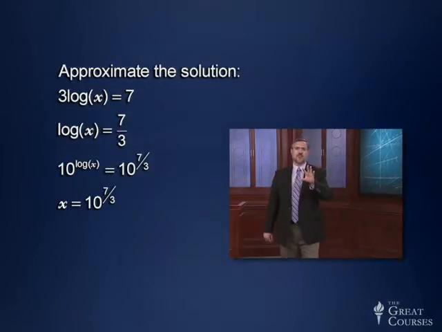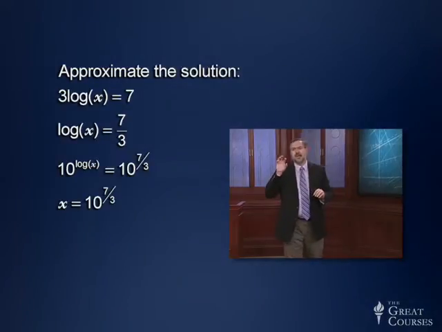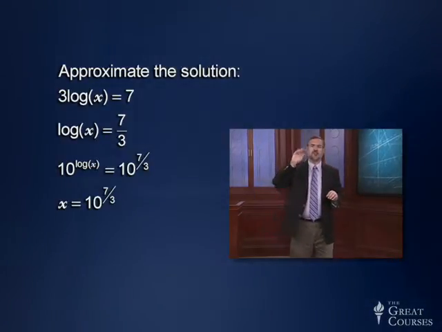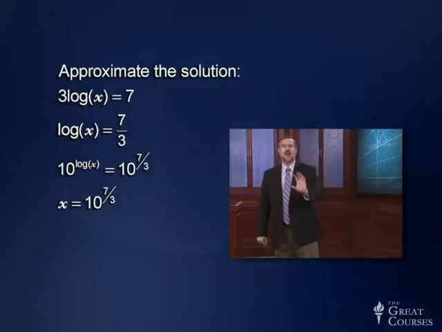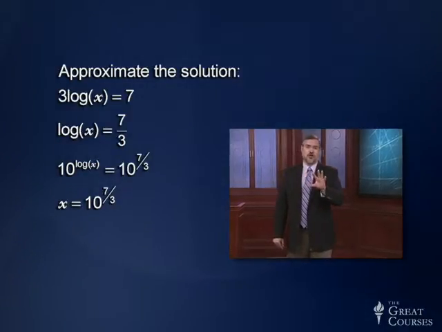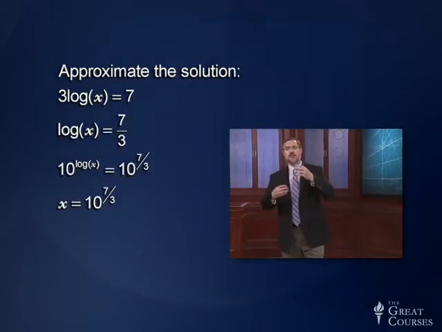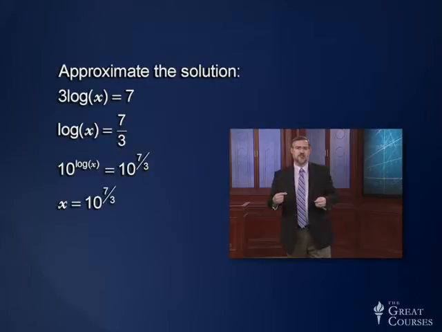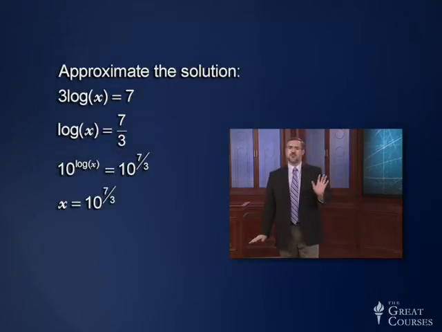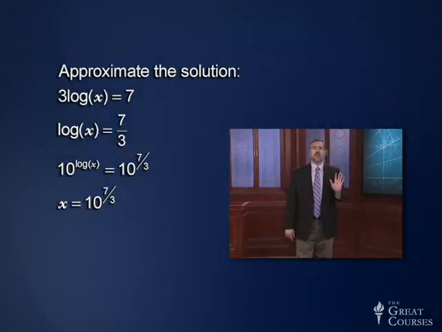And the reason, by the way, that that happens is because the exponential function 10 to the x is the inverse function of log base 10 of x, or just log of x. And so what I've done there is put the two functions together that undo one another as inverses. And in the process, then, the left-hand side just becomes x. So my answer is x equals 10 to the 7/3.